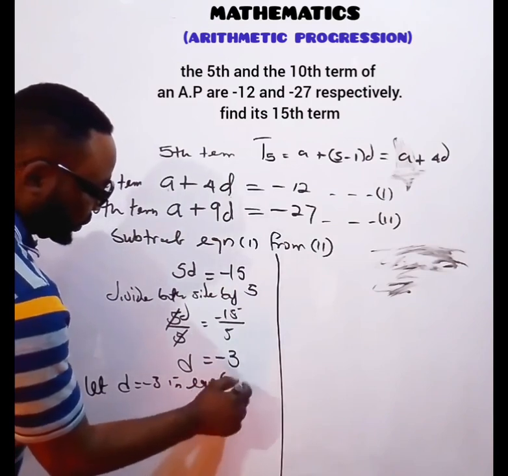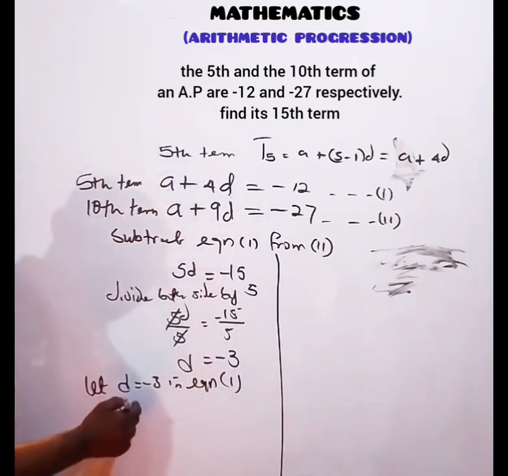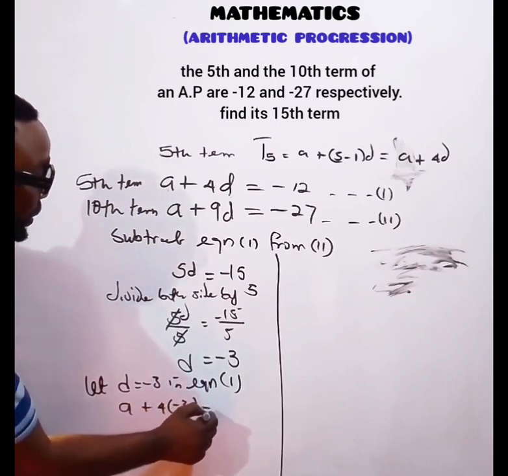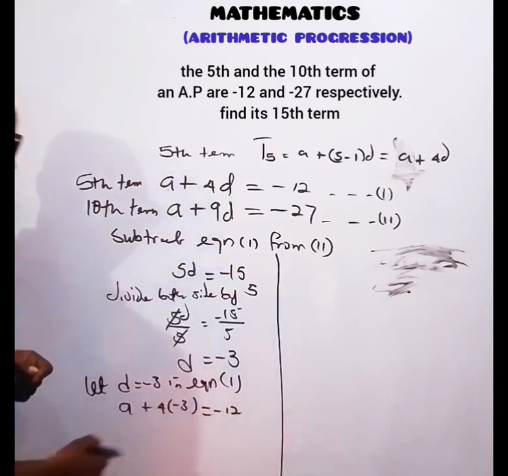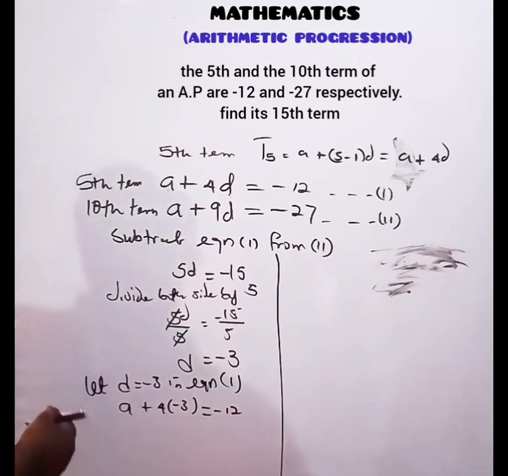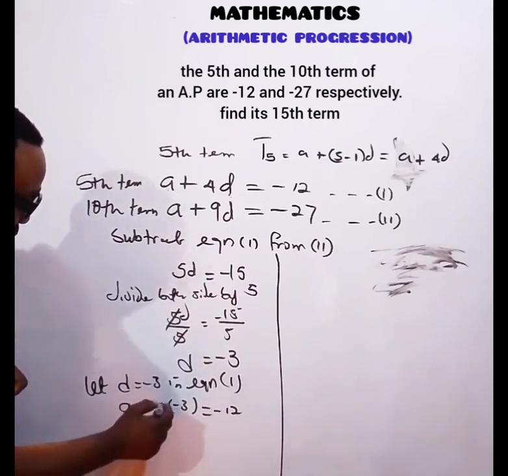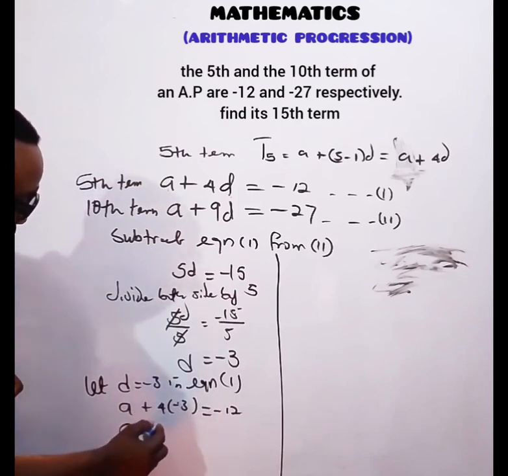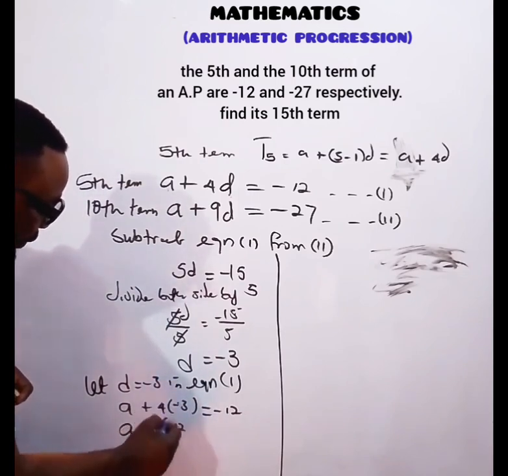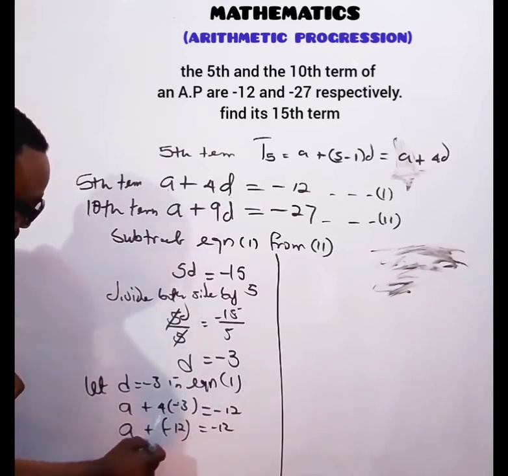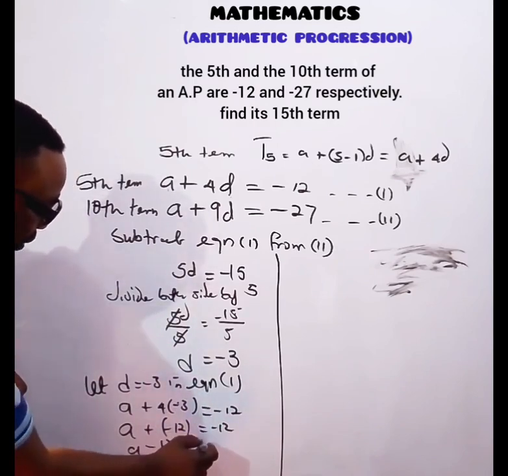Equation 1. So I'm going to have a plus 4 into bracket minus 3 is equal to minus 12. So we are going to have a plus 4 times minus 3, that will be equal to minus 12, which gives a minus 12 equal to minus 12.